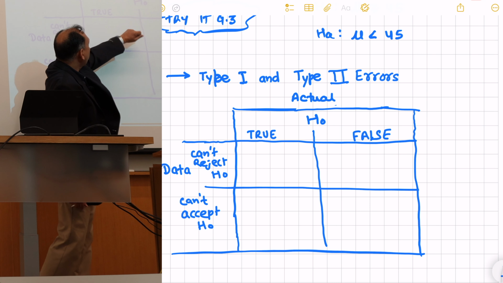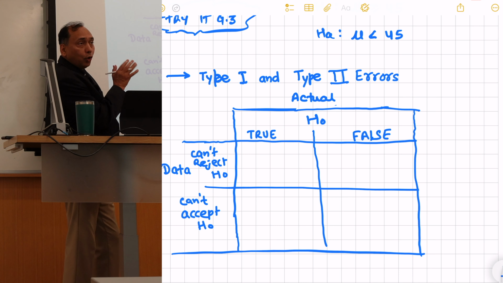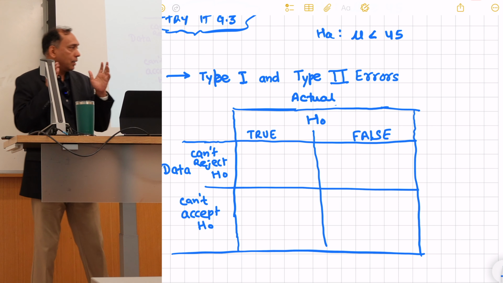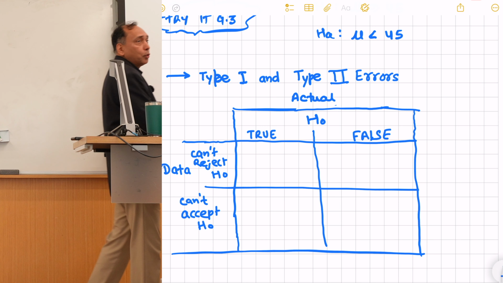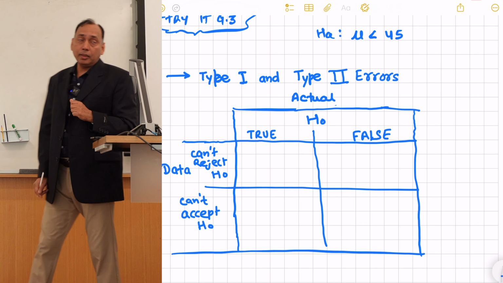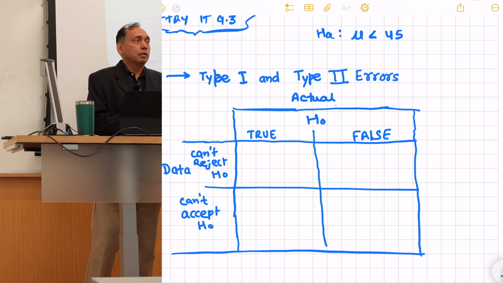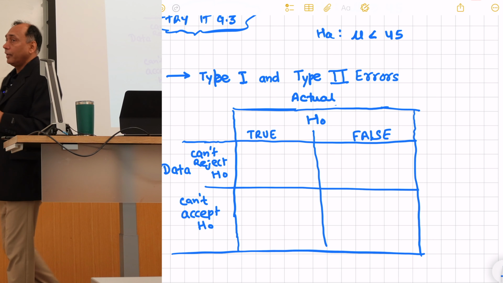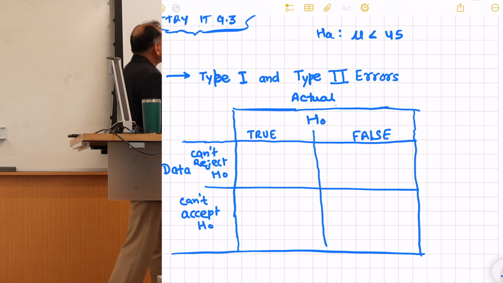So if you are doing any hypothesis testing and your HO in fact is true, let's say you are testing whether students at CCB prefer chips over chocolates. Suppose that is your null hypothesis and it is true that majority of the students prefer that.